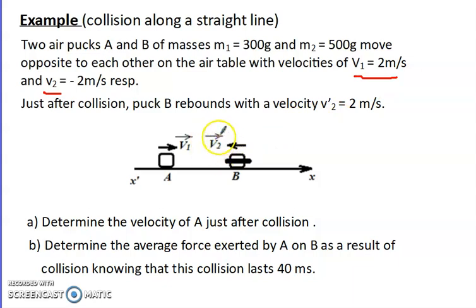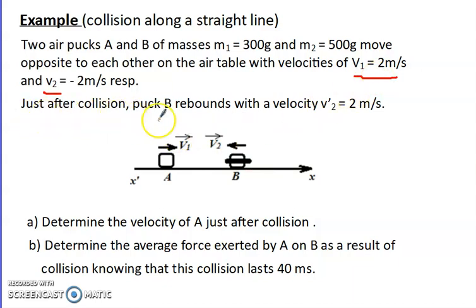Because the vector v2 is opposite to the positive sense x'x, the algebraic value of v2 is negative. Also, the vector v1 has the same sense as the positive x'x, so its algebraic value is positive. That's the meaning of algebraic number.